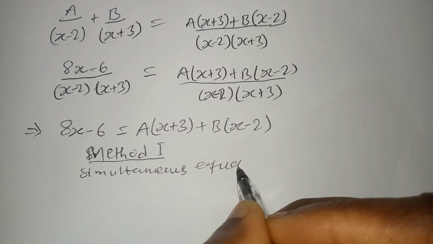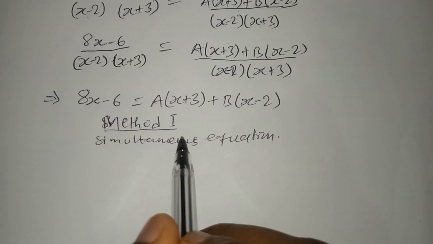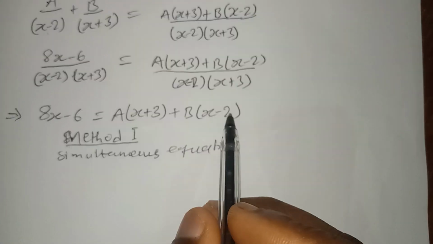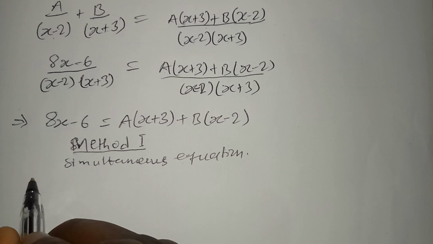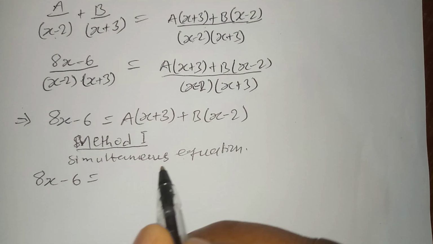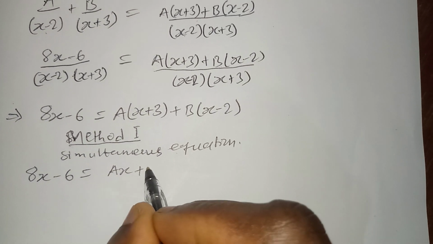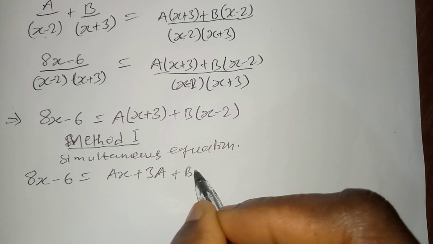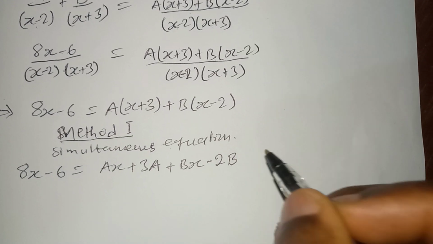To apply the simultaneous equation, we must first expand the parentheses. Expanding, we have the left hand side 8x minus 6 equal to Ax plus 3A plus Bx minus 2B.